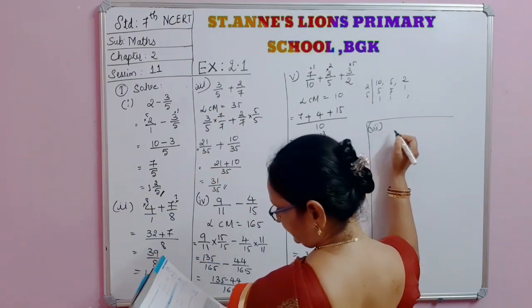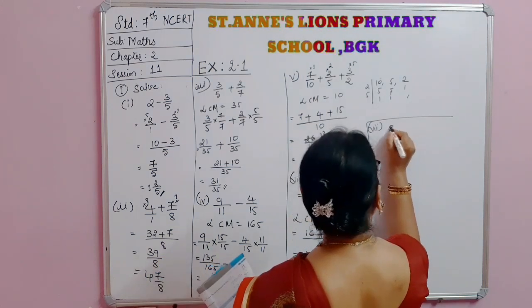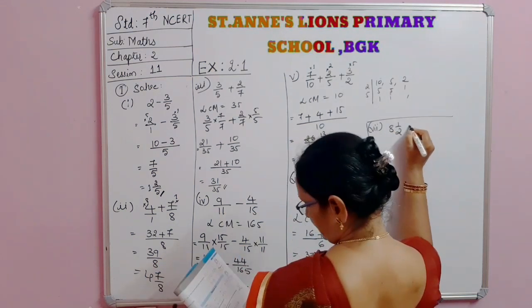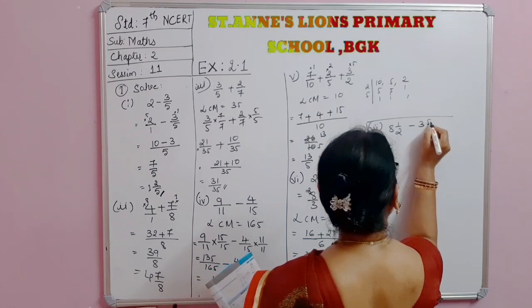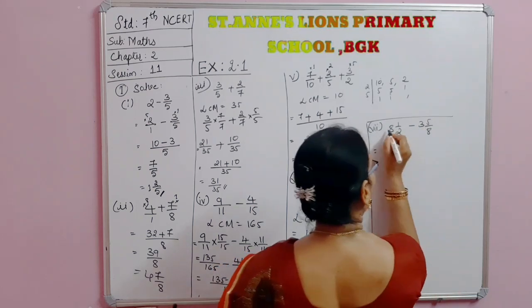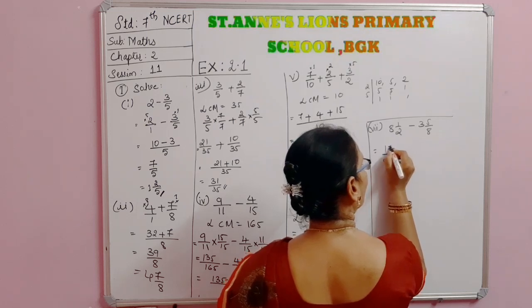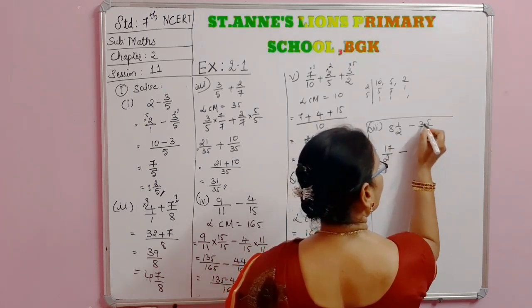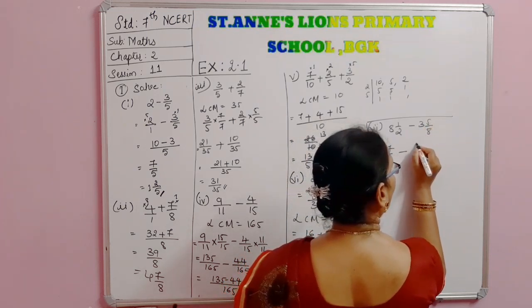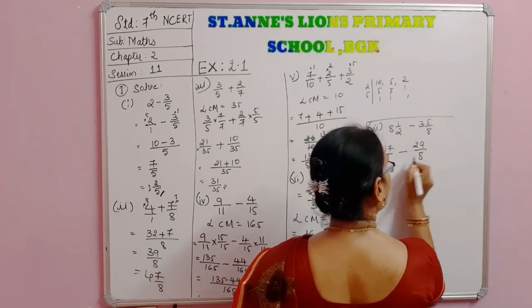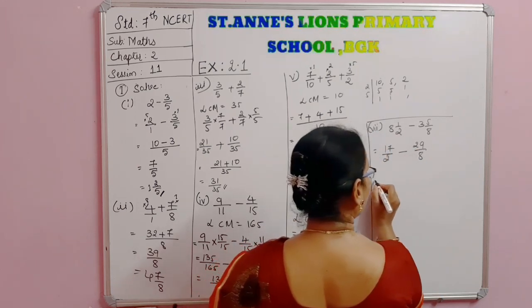Now the seventh problem. 8 integer 1 by 2 minus 3 integer 5 by 8. 2 8s are 16. 16 plus 1, 17 by 2 minus 8 3s are 24. 24 plus 5, 29 by 8. Now the LCM is 8.